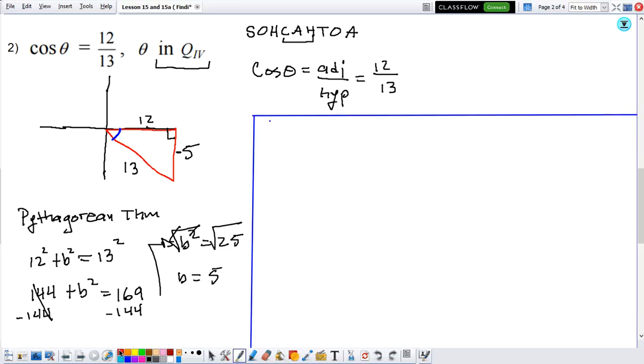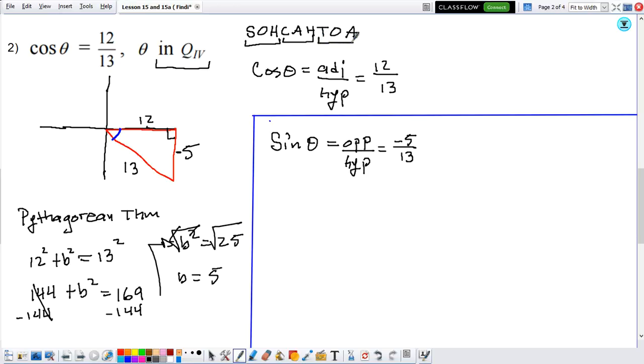So let's see. What do we have here? Let's find out what sine is. Sine of the angle. We know that from SOHCAHTOA. Sine is equal to opposite over hypotenuse. We know the opposite is negative 5. And we know the hypotenuse is 13. So that means the sine is equal to negative 5 over 13. We know cosine.